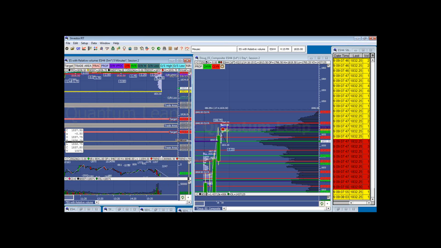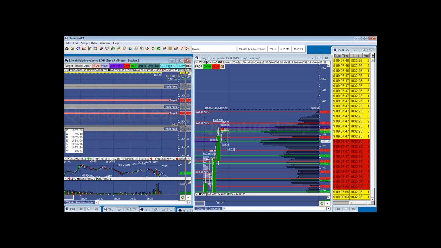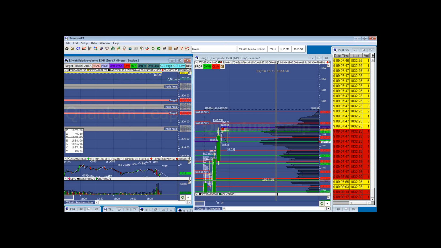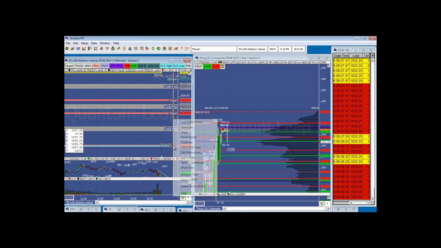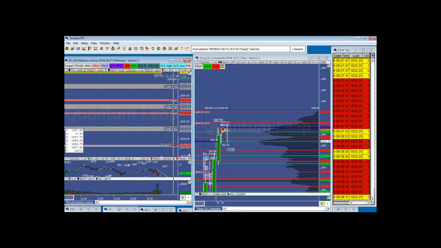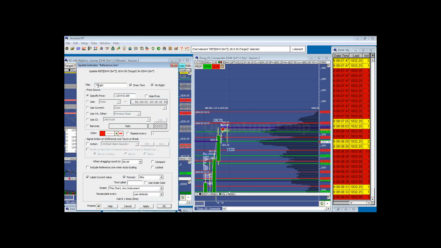And then the extended target will be that 20-day ATR target below at 1814, and this naked microcomposite VPOC at 1814.50. See how those two things play into correlation with each other? And this will be our extended target.